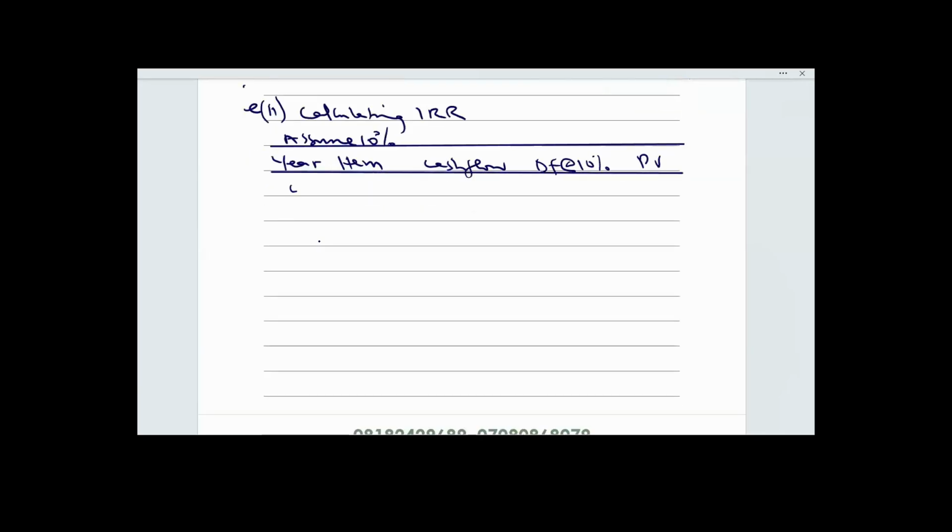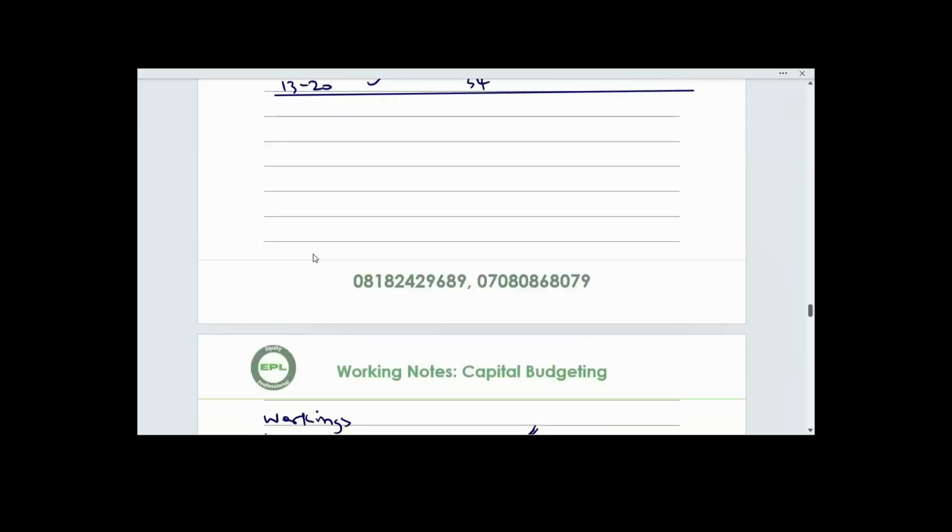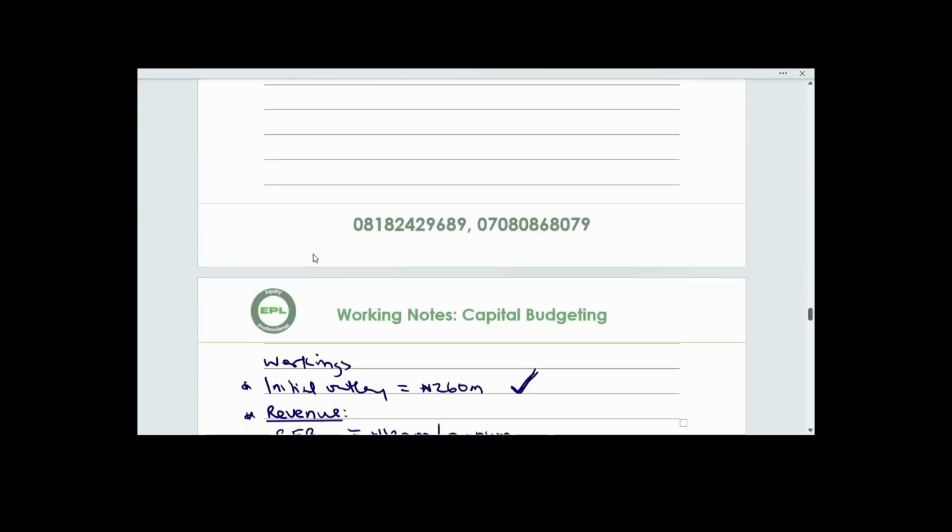Year 0, 1 to 12, 13 to 20. We're almost there. Here is initial outlay, contribution: 260 million, 40 million, 34 million. So we need to go and calculate annuity factor of years 1 to 12 and then year 13 to 20.